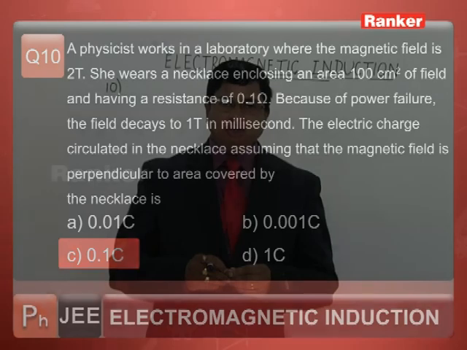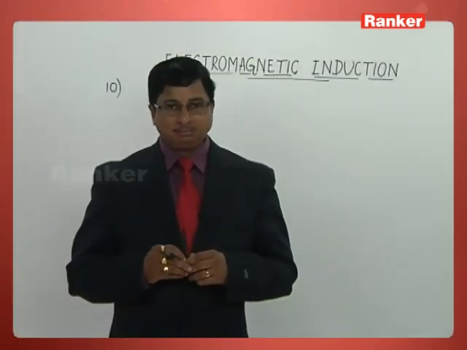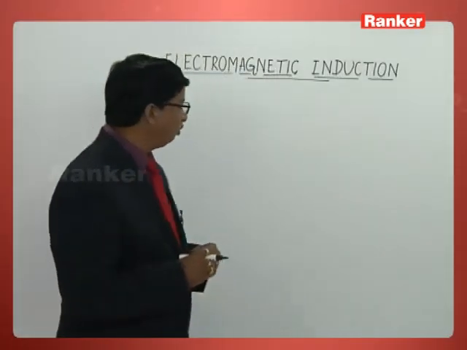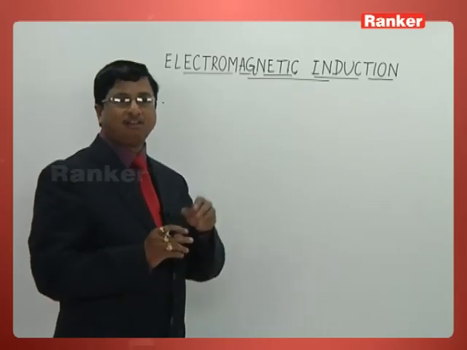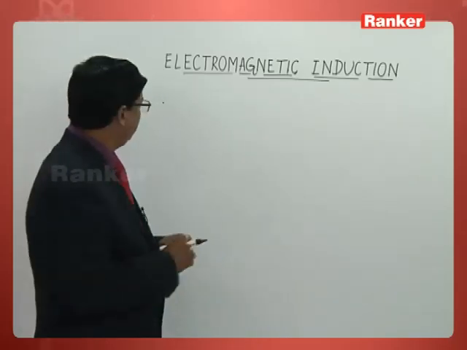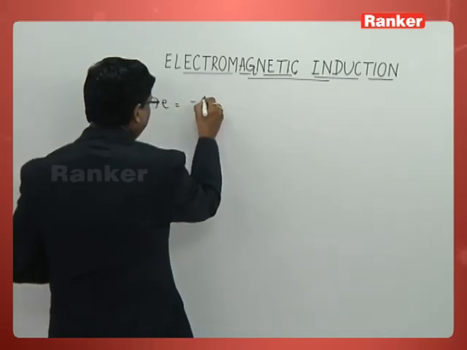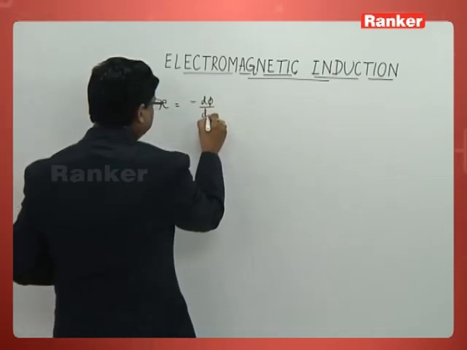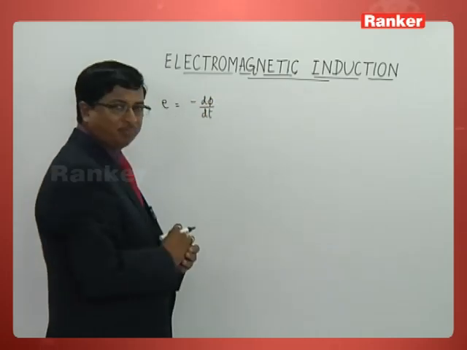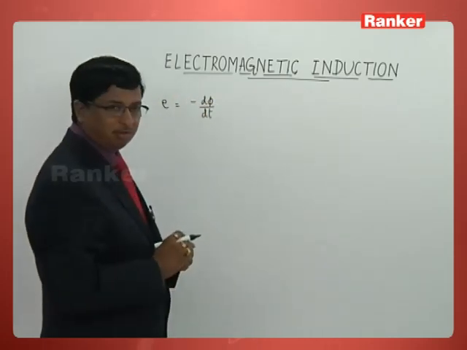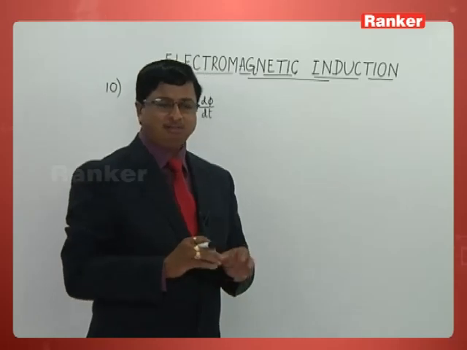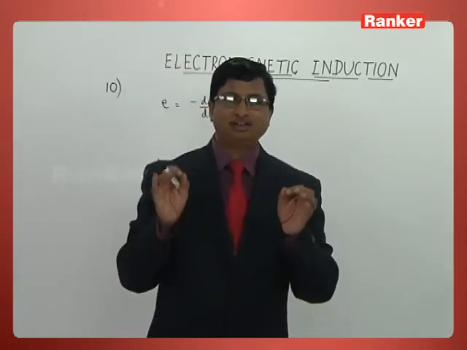So according to the given problem, let us once again work out what the charge in the necklace is going to be. As usual, induced EMF is minus d phi by dt. That is a known equation, in fact, the basis of the entire electromagnetic induction chapter.